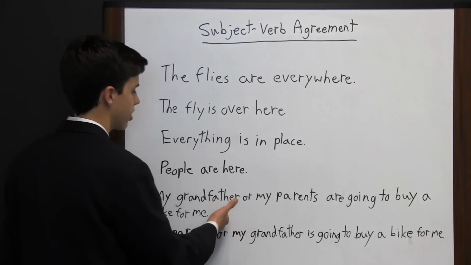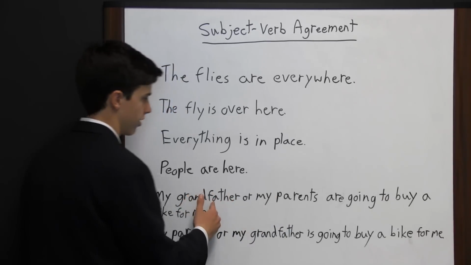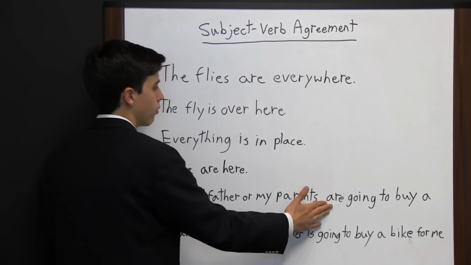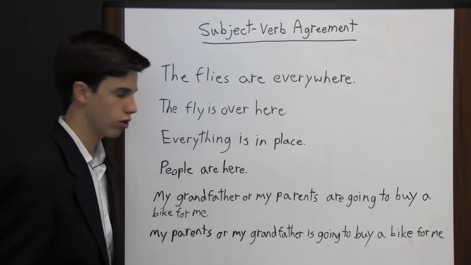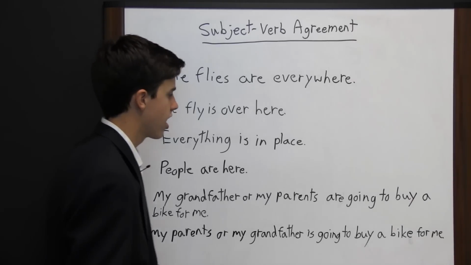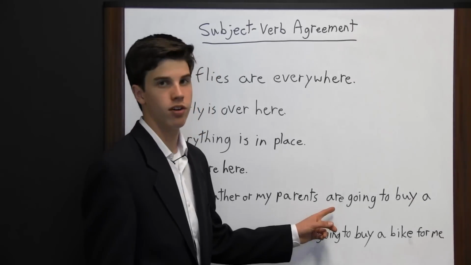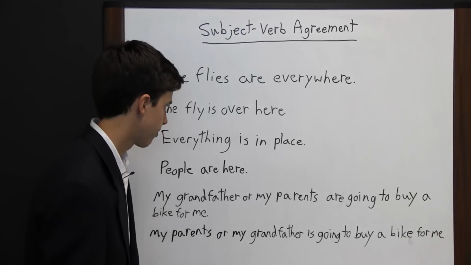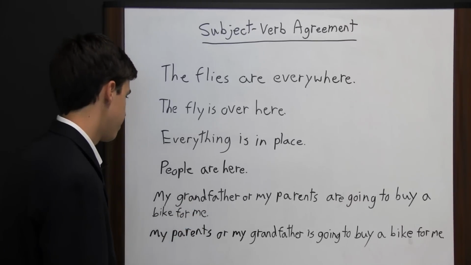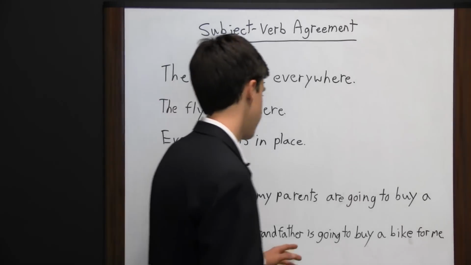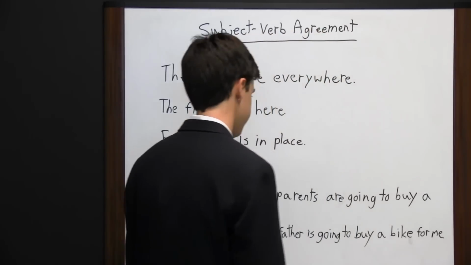See, my grandfather is also a subject in this sentence. Grandfather and parents are both subjects. But grandfather is singular, so it doesn't necessarily agree with this plural verb. However, we have to choose either a singular verb or a plural verb, so it makes the most sense to base the verb off of the subject closest to it. So this sentence is the same sentence up here, just reversed. My parents or my grandfather is going to buy a bike for me.